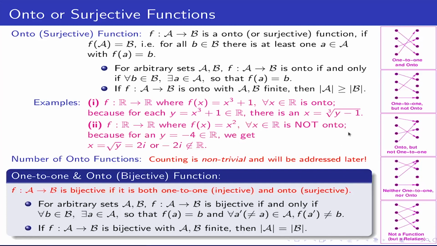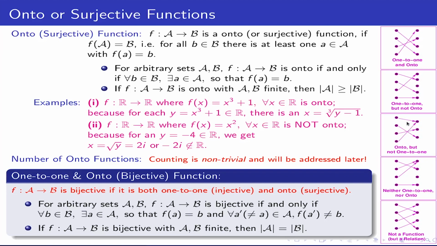If you remember, the primary difference was that in one-to-one functions, each element in B should be associated with a particular element from the domain set. That is, there should not be any element in B, as shown here, that can be associated with more than one element from the set A, which is the domain.